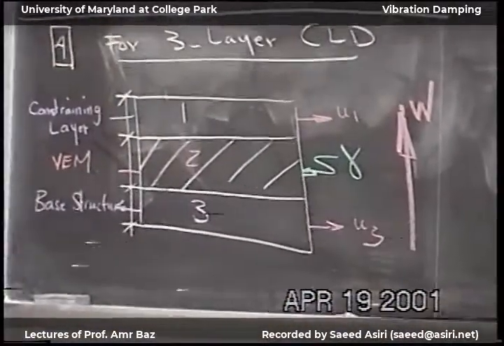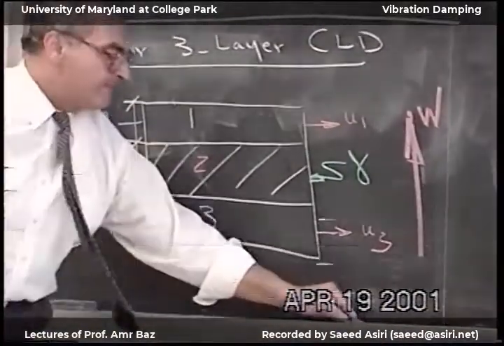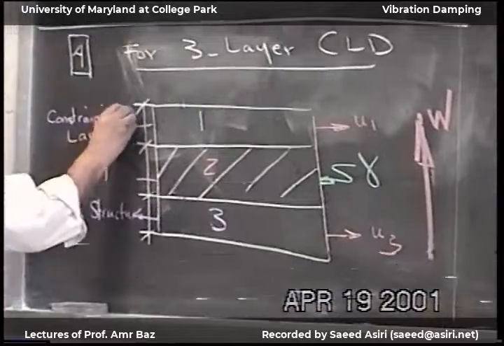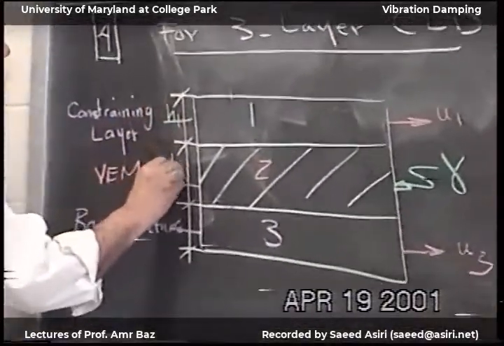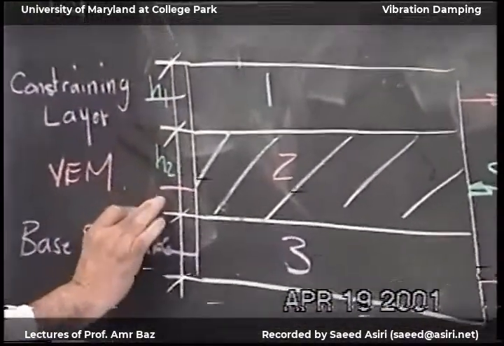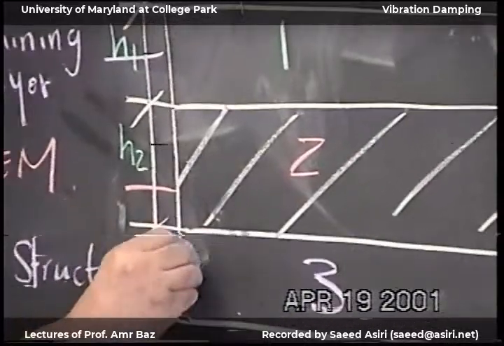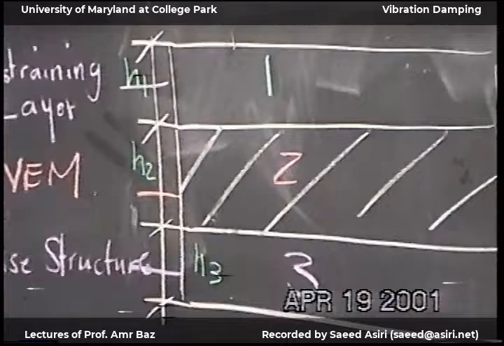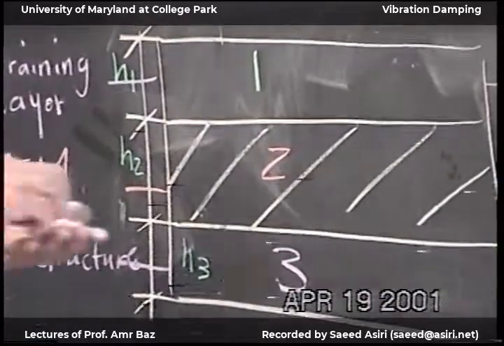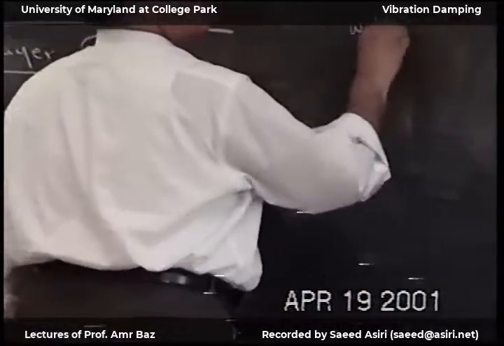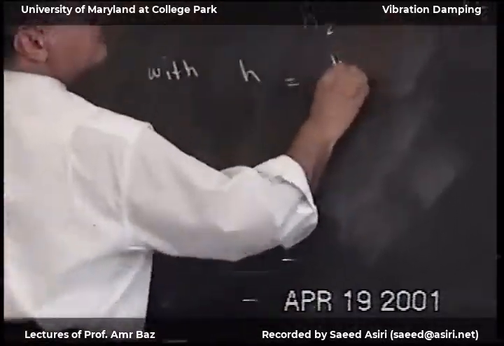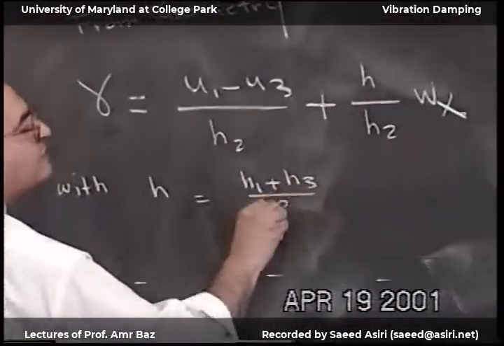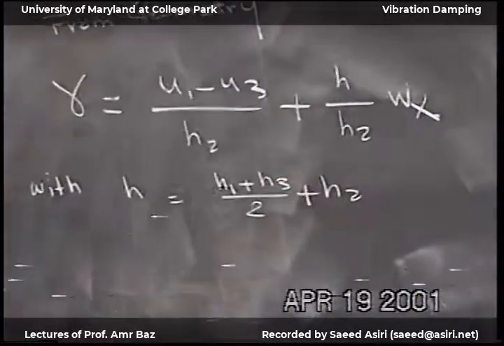And this would be H1, H2, and H3, the thickness of each layer. And H is equal to H1 plus H3 over 2 plus H2.